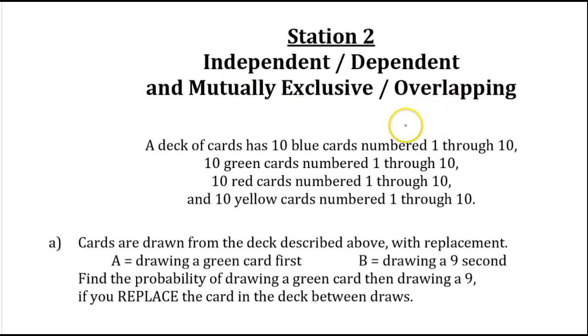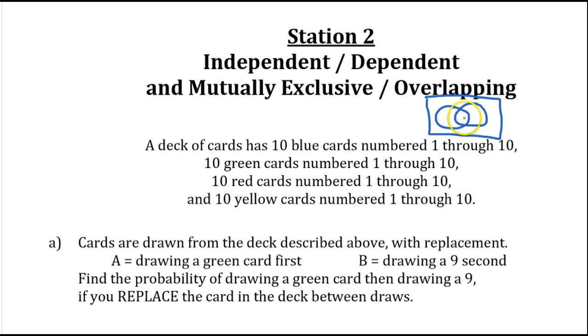Mutually exclusive versus overlapping, that's really easy. If you look at a Venn diagram, if two events or two sets are overlapping, they will literally look something like this, with the overlapping circles, showing that they have something in common.